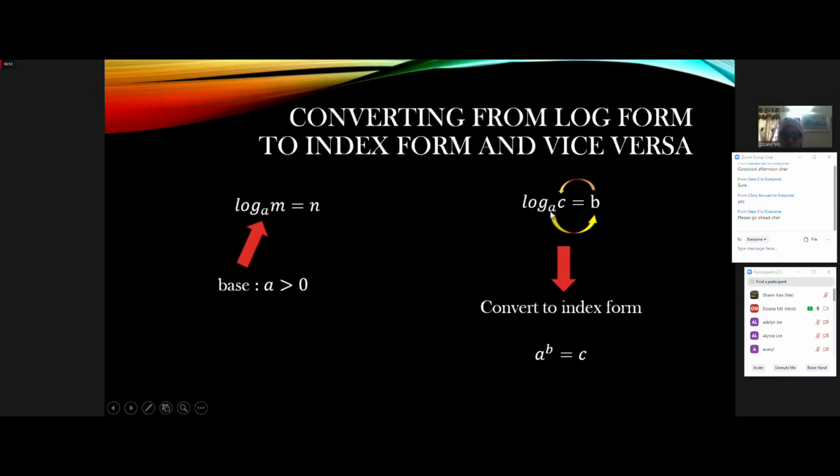This is the base for log, this is the base for index, and the b and the c change place. Now look at number 1. If I were to convert that into index form, that would be 3 squared equals to x, or x equals to 3 squared.